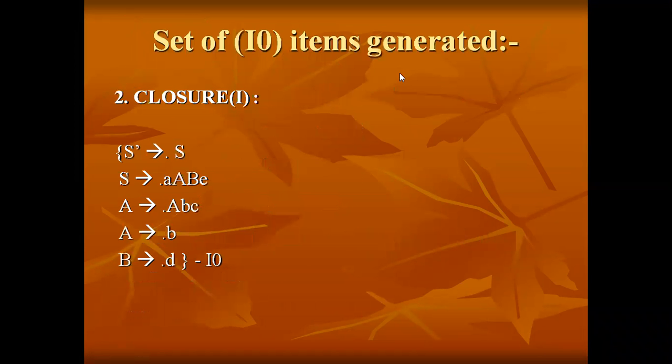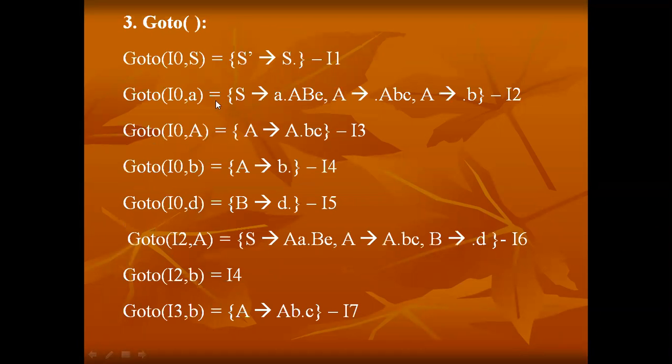See here, in the I naught, in the second rule, after the dot what I'm having is a terminal, right? Now I am calling the goto function with I naught comma small a. From the I naught, S tends to dot a b c.